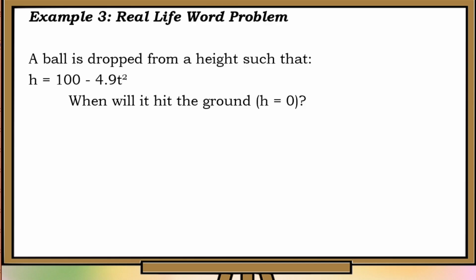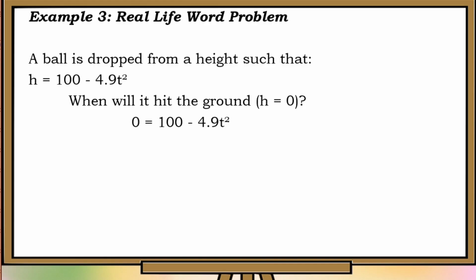Alright, example number 3, real life word problem. A ball is dropped from a height such that h equals 100 minus 4.9 t squared. When will it hit the ground? h equals 0. Since h is equal to 0, we substitute h equals 0 in the given equation.